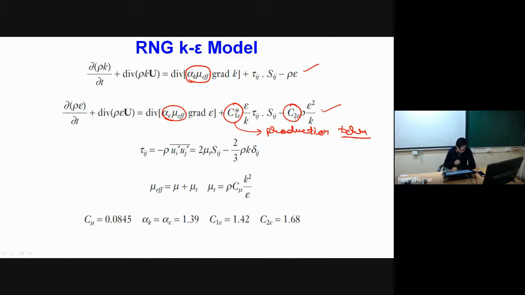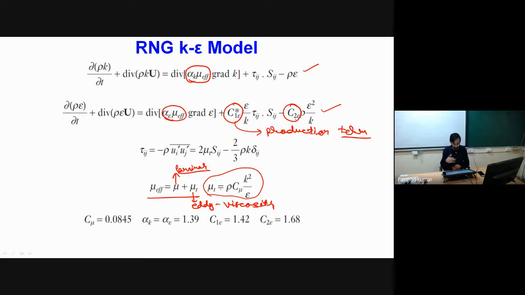Okay, so here you will be writing the effective viscosity as nothing but the turbulent viscosity or eddy viscosity plus our laminar flow viscosity. I can call it laminar flow viscosity or molecular viscosity. Okay, and this turbulent viscosity is calculated in the same way as we calculated in the standard K epsilon turbulence model.